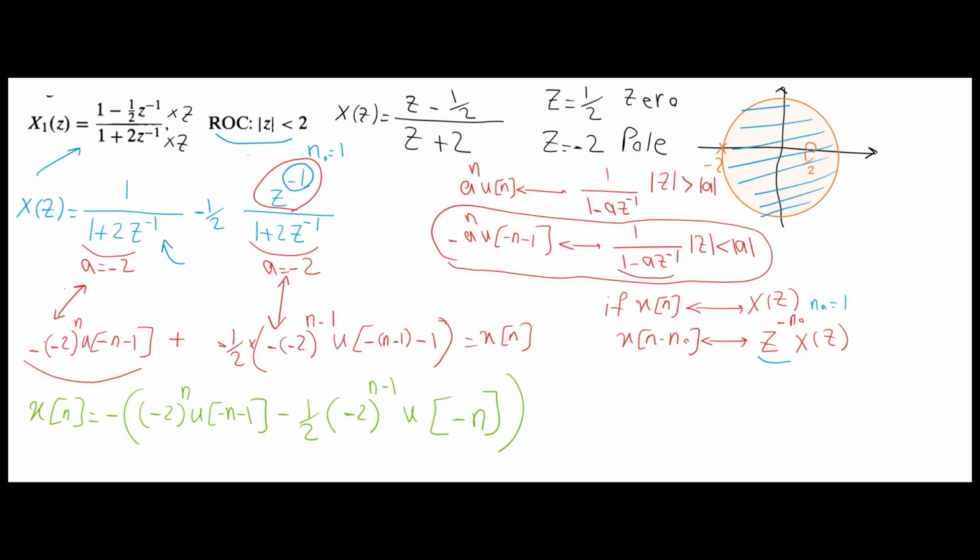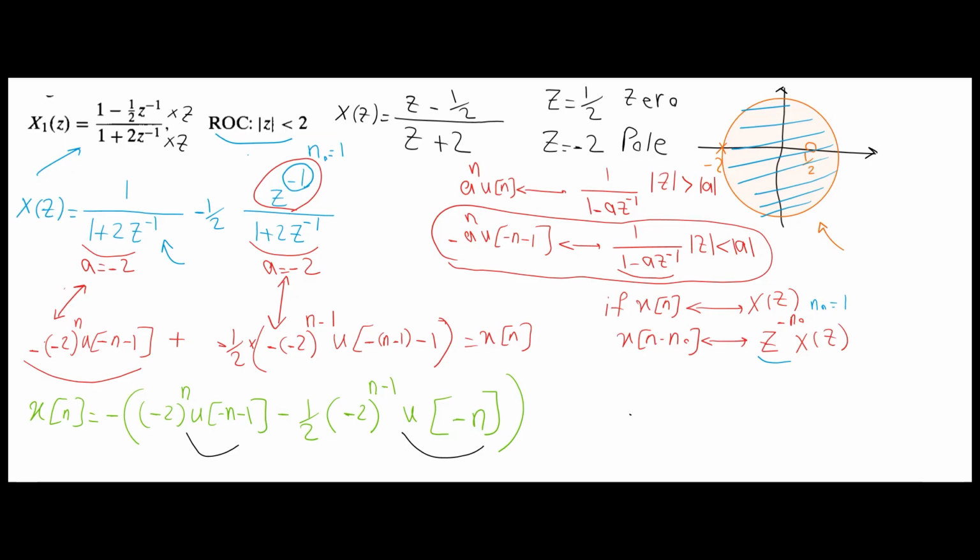Before finishing, let's point out an important observation. Since the ROC lies inside the circle, the corresponding sequence must be a left-sided sequence. This is exactly what we obtain because both unit step functions are of the form u[minus n] and u[minus n minus 1].